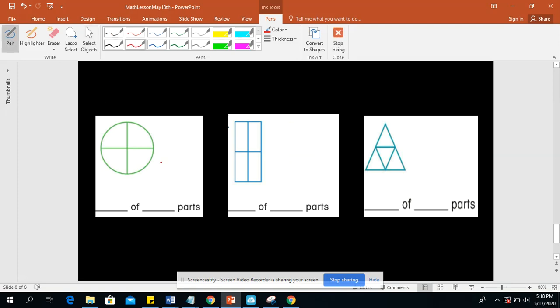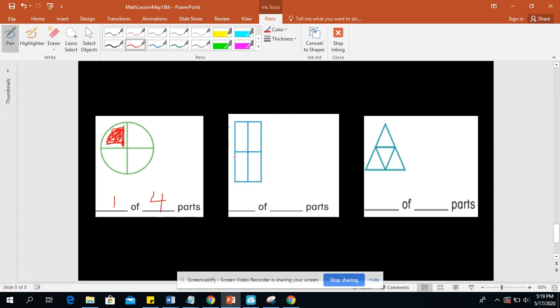Okay, so here's a circle with 4 equal parts, or 4 quarters, or 4 fourths. Let's say one of the 4 parts is shaded in. We would say 1 of 4 parts is shaded in, or 1/4.